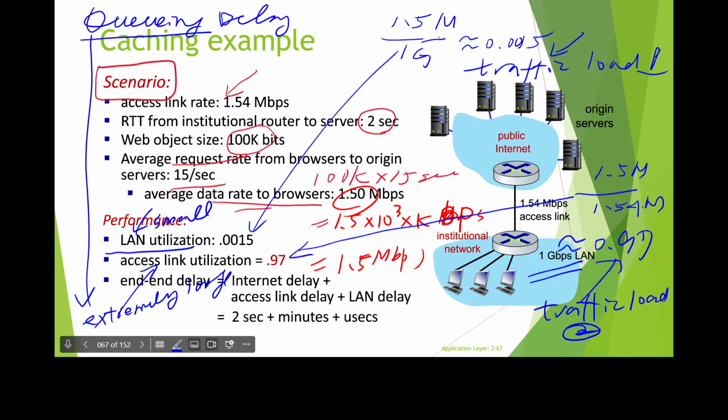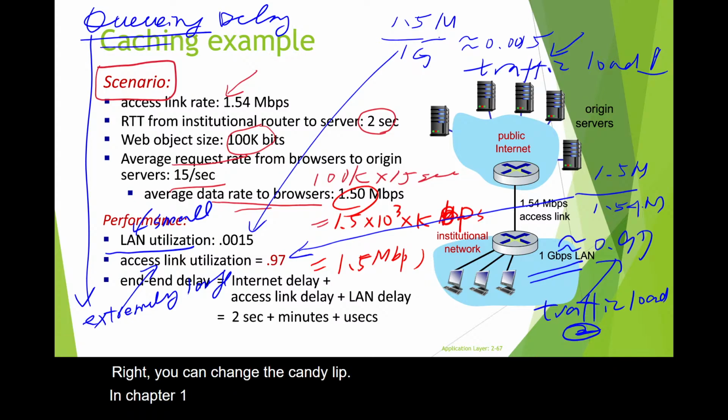You can check the queuing delay in chapter 1, then you will know that if the traffic load approaches 1, we have an extremely large delay.